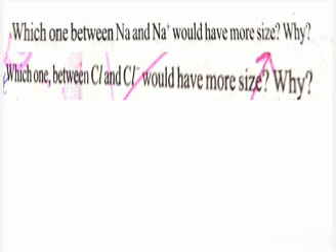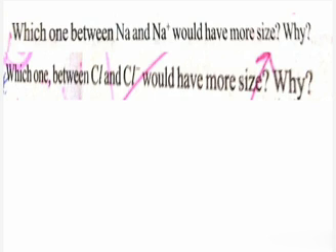So the nucleus power is increasing. Why? Because the proton number is more. Due to this nucleus power, it is attracting the electrons in the last shell towards itself. That's why the size of the Na+ ion is less than the sodium atom.